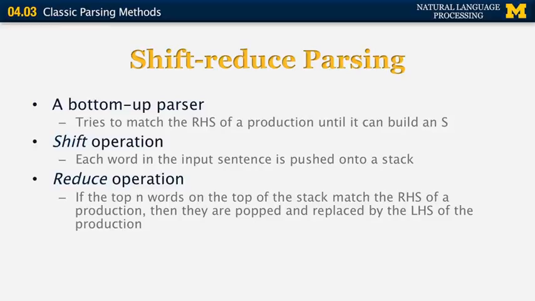For example, if the sentence is, "The child ate the cake with a fork," the first thing that we'll see is that the word "the" is going to be pushed onto the stack. And then it will wait until it can be combined with some other word. If that happens, it will perform the so-called reduce operation, which checks if the top n words on the top of the stack match the right-hand side of a production. If they do, then all of them are popped from the stack, and they're replaced by the left-hand side of the production.